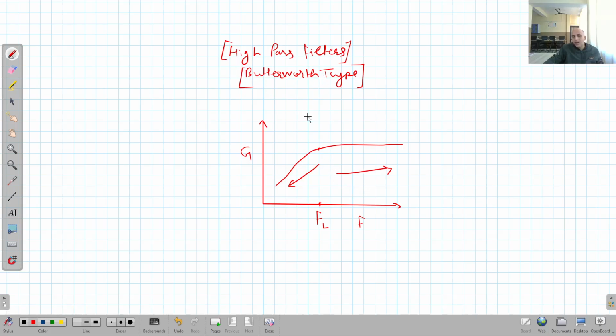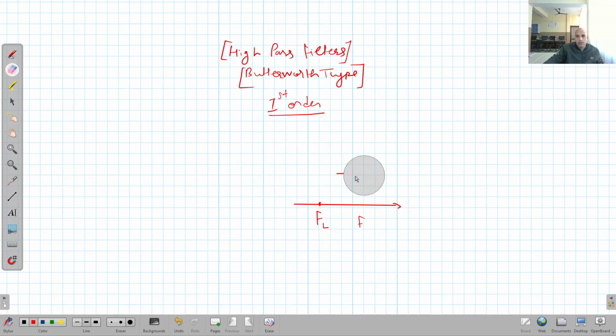Now we will start with the Butterworth type high pass filter of first order. Clear? First order means we are going to use only one filtering unit here. So for it, we are going to draw the circuit diagram first, then we will go to the next steps.